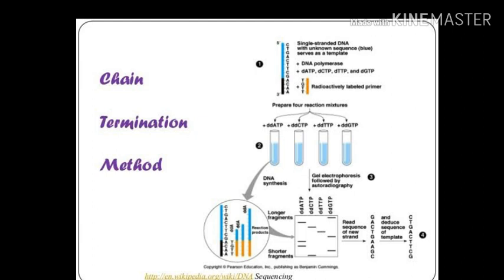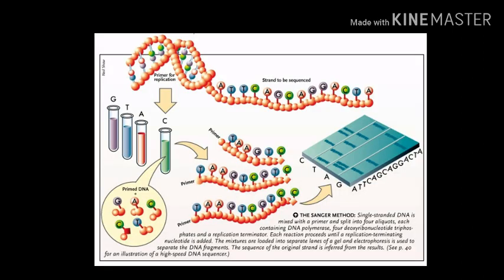In this method, dideoxynucleotide triphosphate is used as the chain terminator. This method requires single-stranded DNA, DNA primer, DNA polymerase, radioactively or fluorescently labeled nucleotides, and modified nucleotides that terminate DNA strand elongation. Here, the DNA sample is divided into 4 separate fragments and the sequencing reactions are followed.